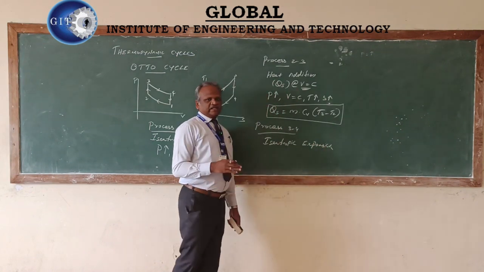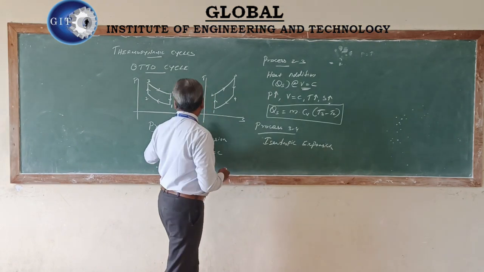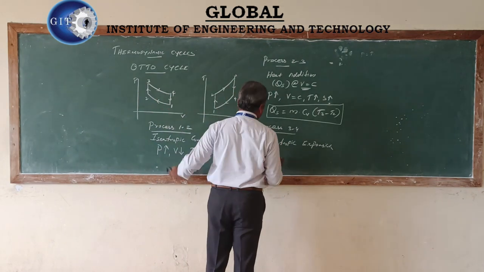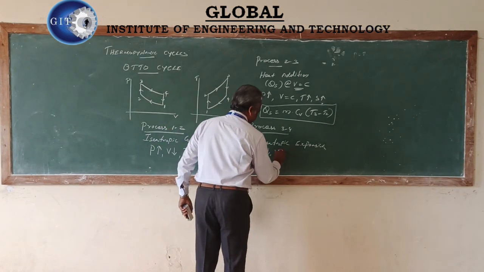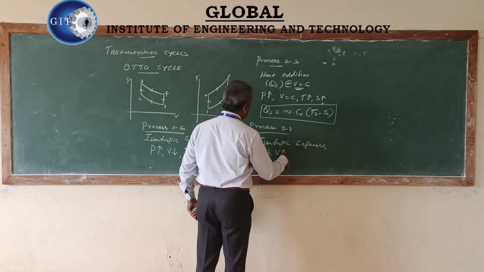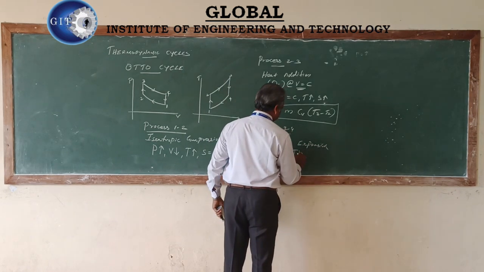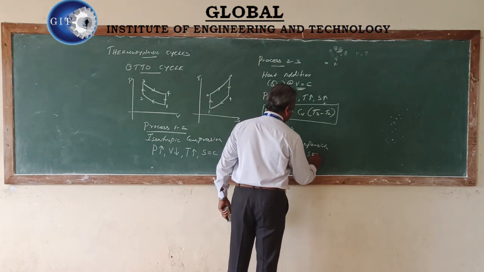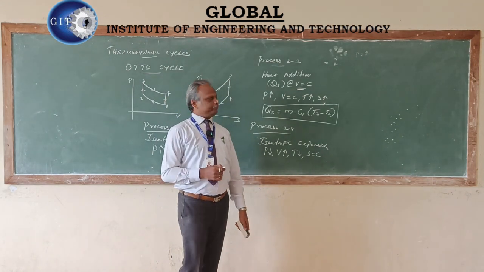Let us see the characteristic changes happening during isentropic expansion. From process 3 to 4, the pressure drops. The volume increases because of expansion. The temperature from 3 to 4 is reduced. And since it is an isentropic process, the entropy is maintained the same.